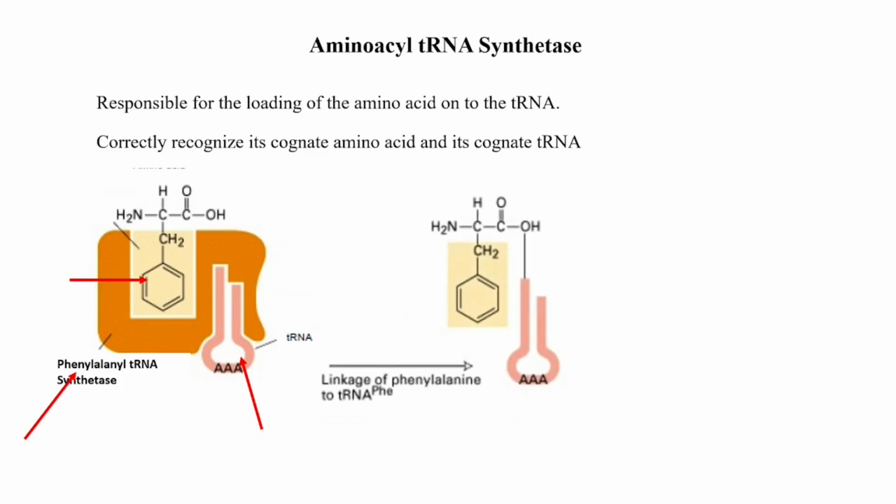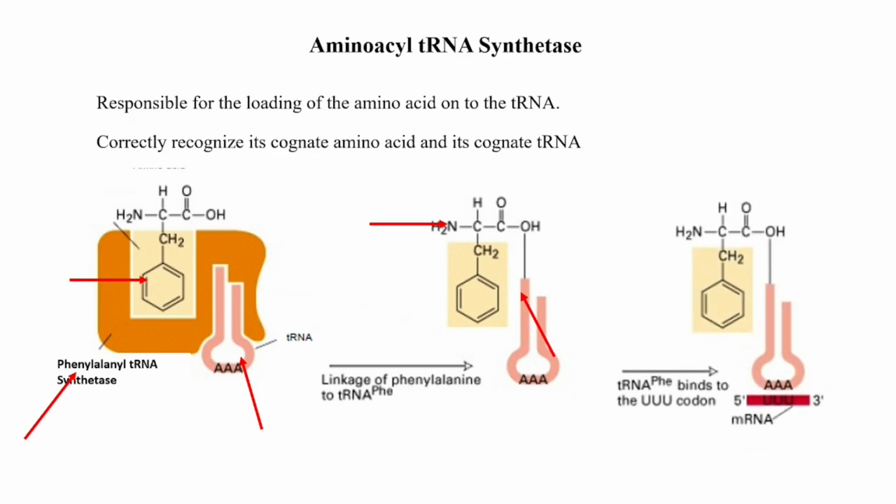It will correctly load phenylalanine to the acceptor arm of the phenylalanyl tRNA. During translation, this tRNA recognizes the codon UUU on the mRNA and phenylalanine is added to the growing polypeptide chain.